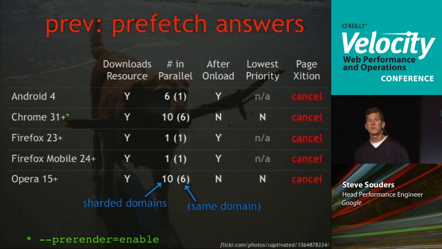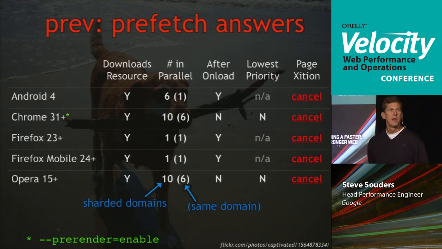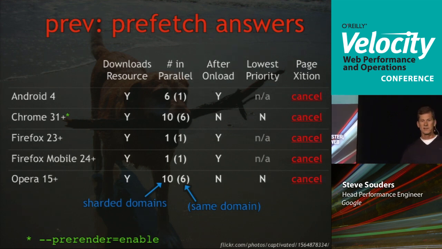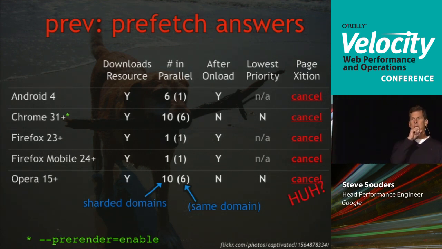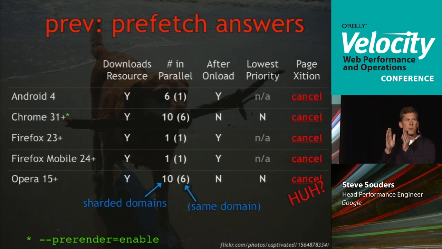What happens when you transition to the next page? Let's keep in mind, I put this prefetch in there so that when you go to the next page, it will already be downloaded. And yet, when you transition out of the current page to the next page, every browser cancels the request. This doesn't make sense to me, especially if you fire these after onload, that window of opportunity is going to be small.